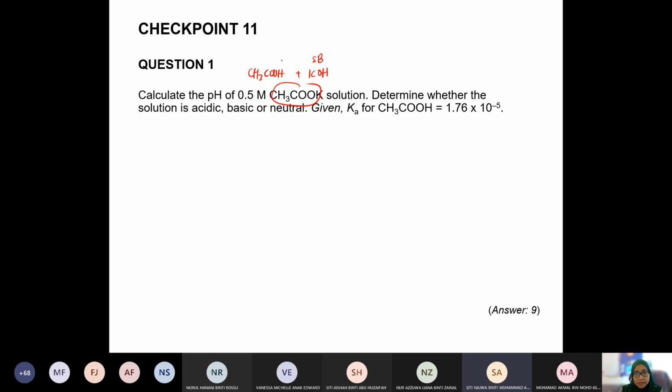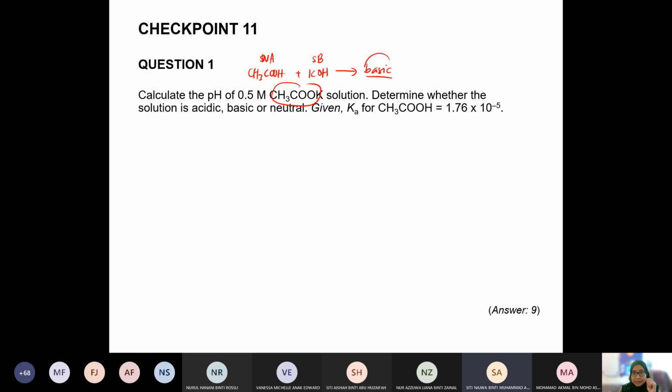So this is a strong base, this is a weak acid. So what's the characteristic of this salt, guys? Basic salt. Basic salt. Okay, thank you. So the salt produced should be a basic salt.